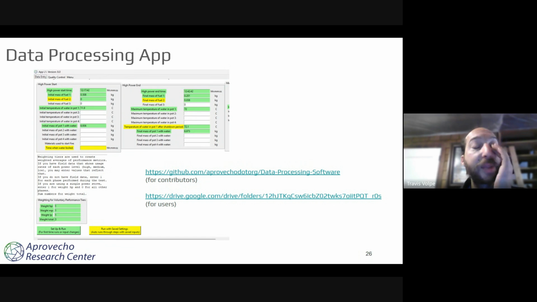It's a Python-based application that Jaden, one of our engineers here at Aprovecho, has worked diligently on for quite some time now and produced a very easy to use, rather intuitive way to process the large amount of data that gets collected during an ISO test. It's available both on our Aprovecho Google Drive as well as our GitHub for anyone interested.